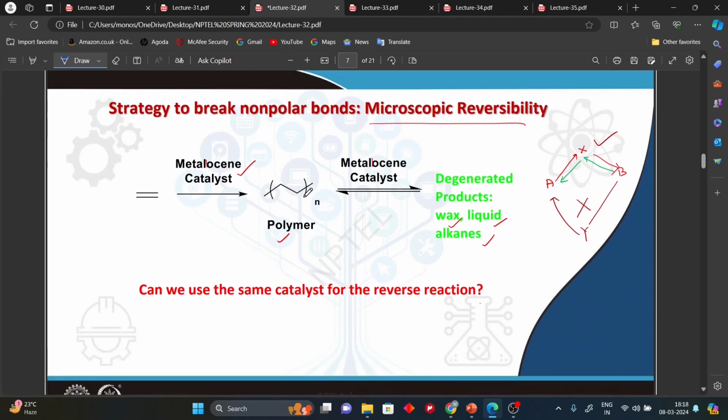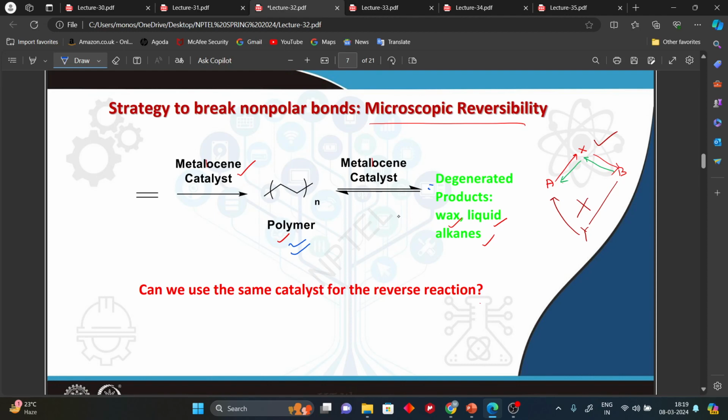Now coming to the first thing they have asked. With this metallocene catalyst, a polymer is generated. Now when this kind of thing is used, some of these products are formed, degenerate products. This thing happens when this particular state is reversible.